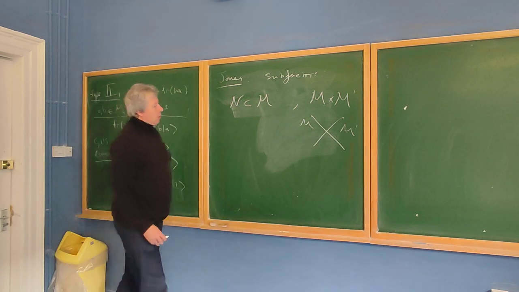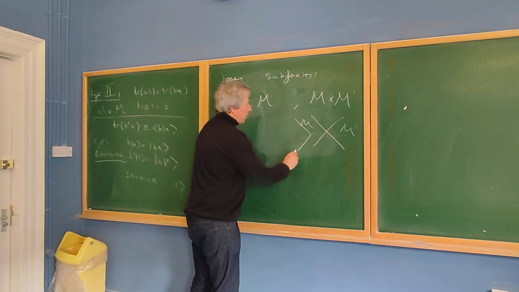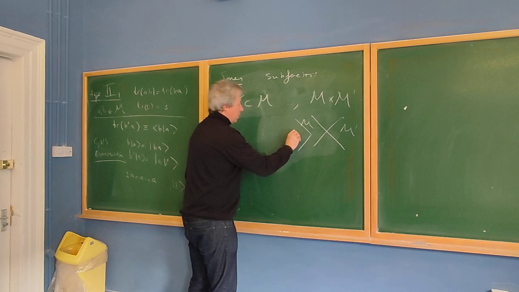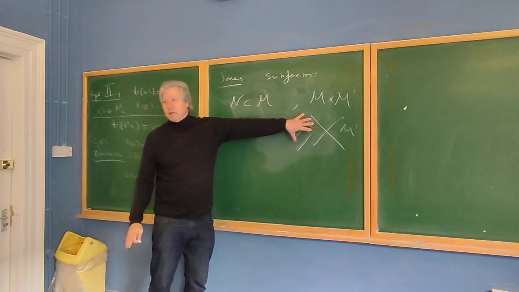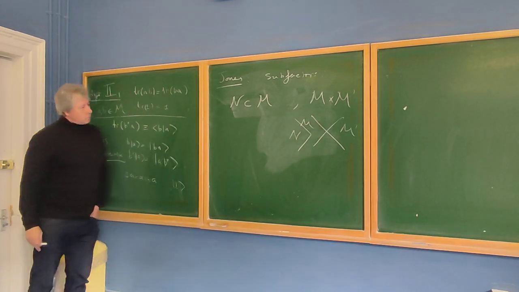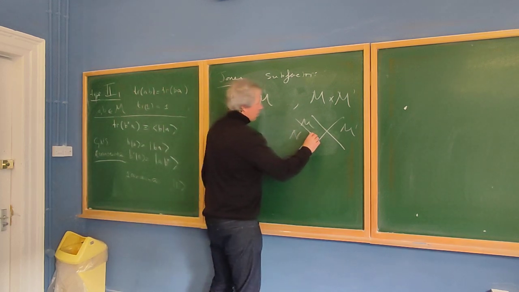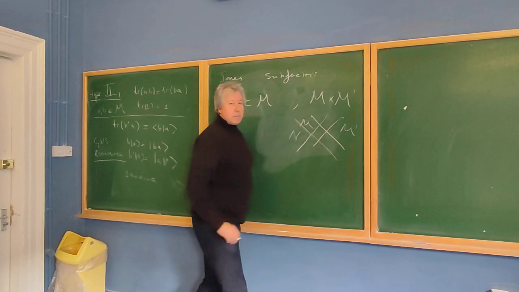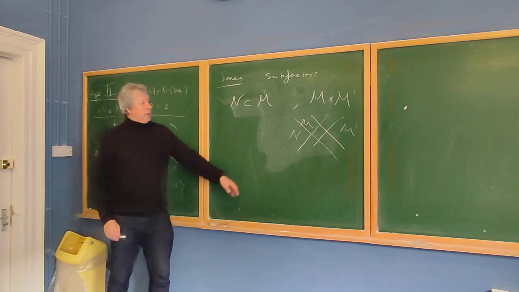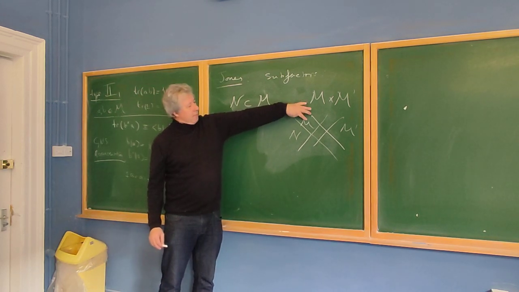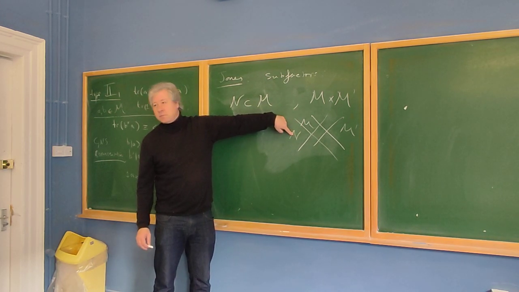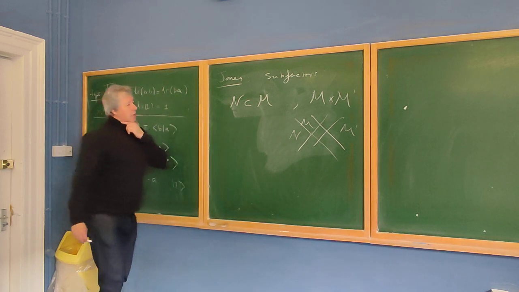So N then can be thought about as some part of this. So this is contained in the bigger algebra. It also has a complement, but then I think about that complement as sort of lying here. So there are elements of M that commute with N, which is kind of an important part.